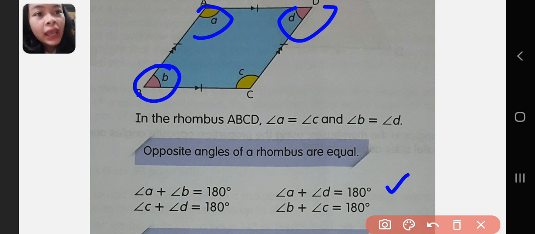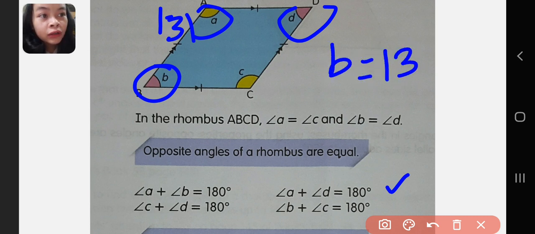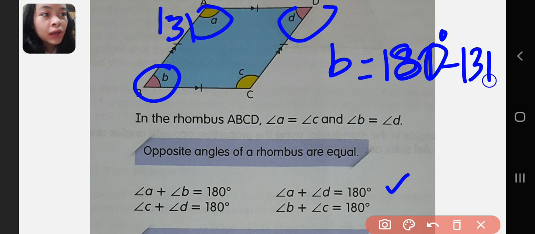For example, A is 131. Then how about B? So B equals 180 degrees minus 131 degrees.